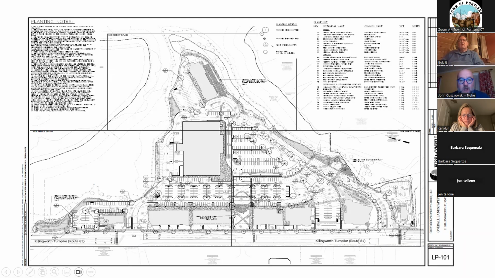This is a wider view of the full site. This is the overall landscape plan, and I think we saw this earlier. Again we've got multiple buildings. We have the landscape plantings description, a couple of the representative icons for the different trees, shrubs, or other plantings.